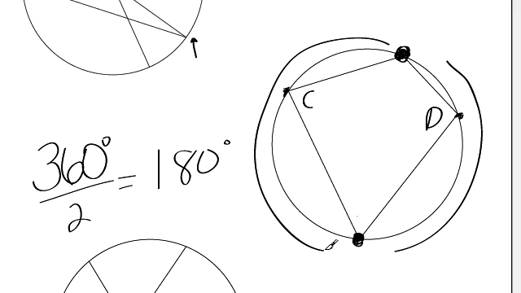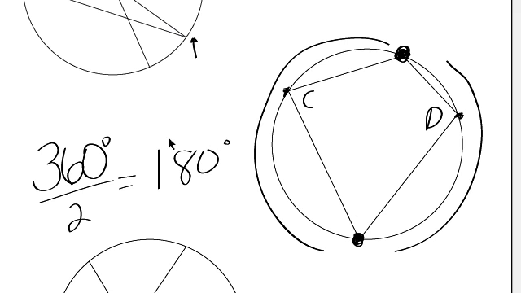So anyway, the minor arc and the major arc, yes, they're a total of 360 degrees. But because these angles are not situated about the center, they will be half of what the central angles are. So if they're half of the central angles, they certainly are half of the 360.